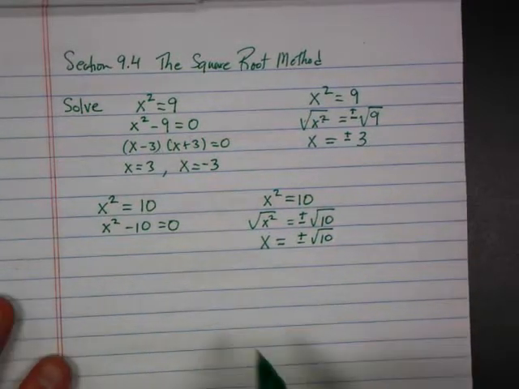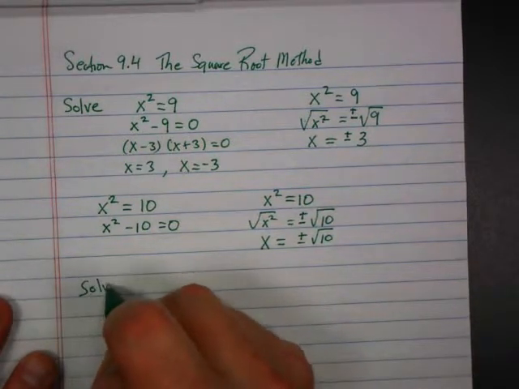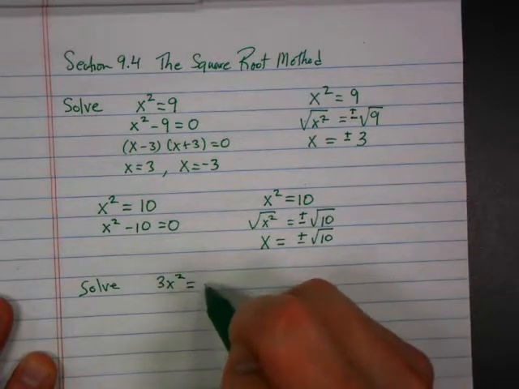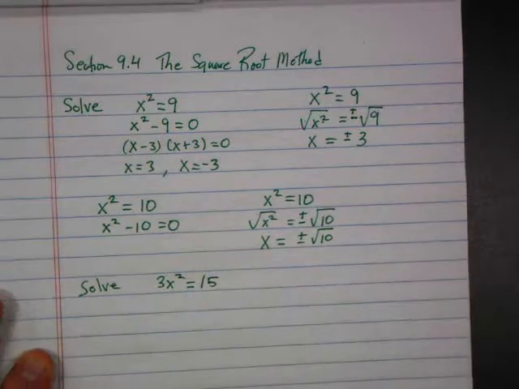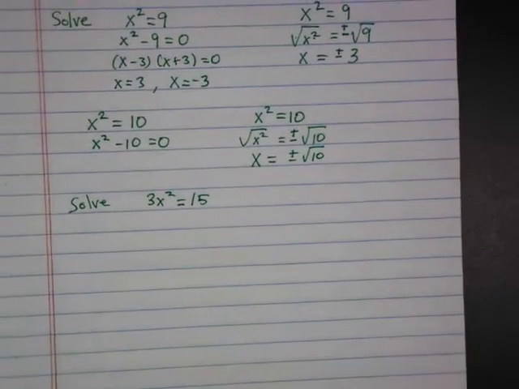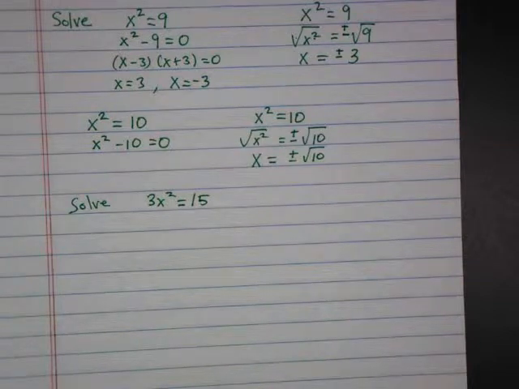All right. How about if I asked you to solve 3x squared equals 15? What would you do? You've got to get the x squared by itself, right? Absolutely. Why do you want to get the x squared by itself? Because I'm solving for x.